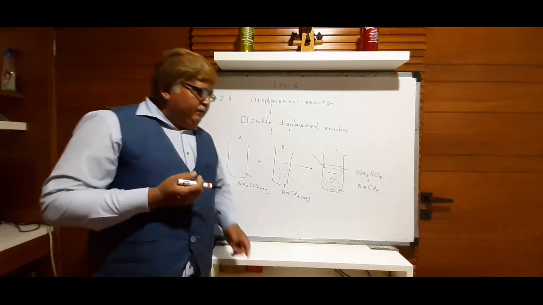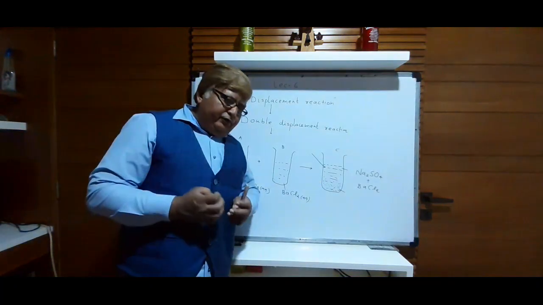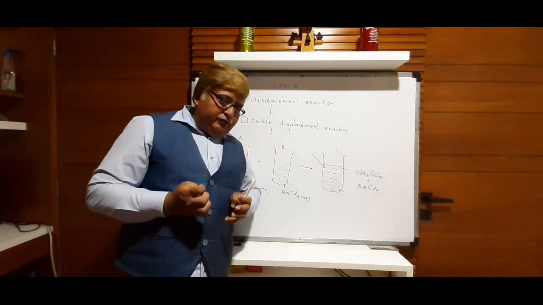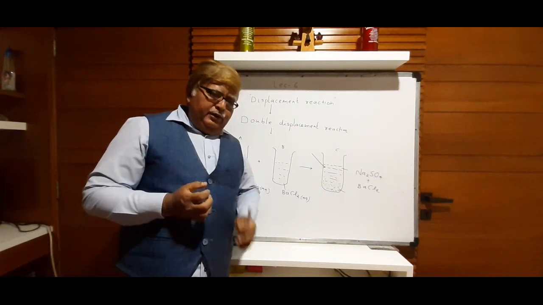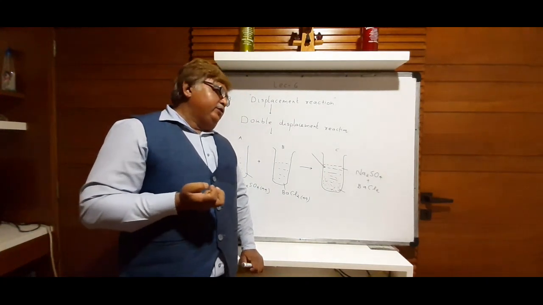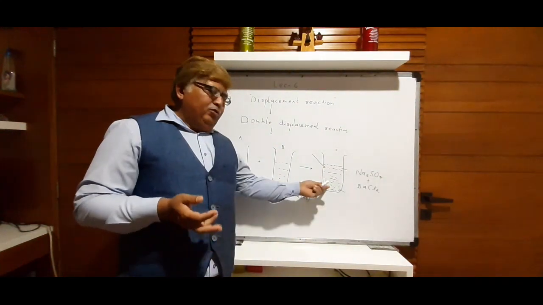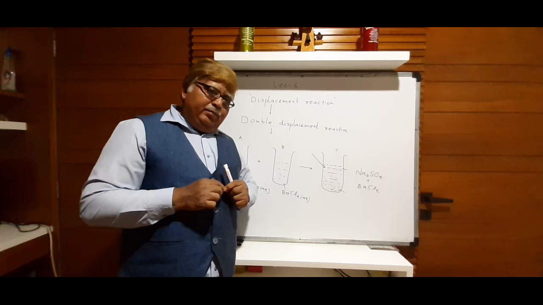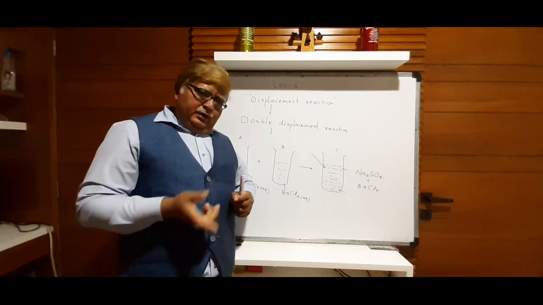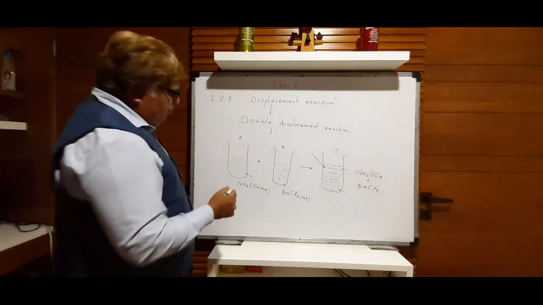Actually, after we observe this, the question may arise in our mind: what type of reaction might have taken place here, why is the transparent liquid formed, and what are those white tiny particles? Let us try to understand what might have taken place.